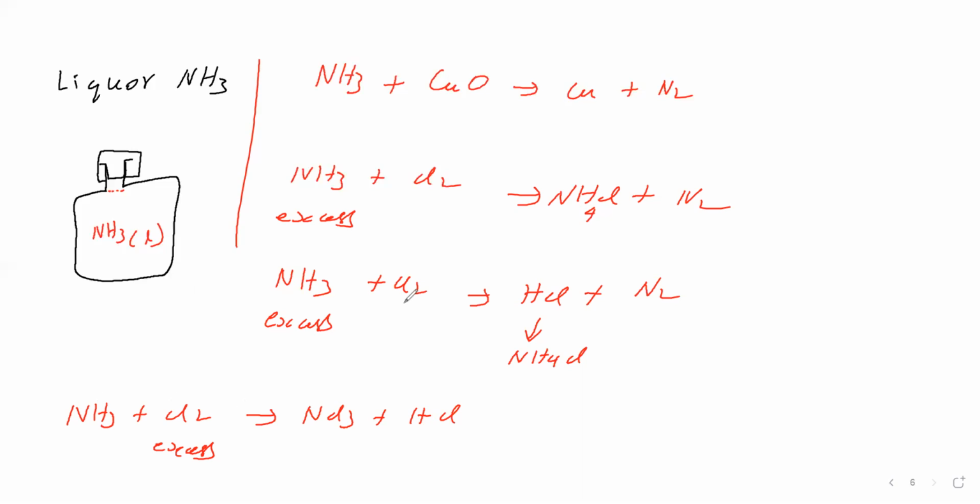Then in salt analysis, cationic analysis is there, group separation of cations. In the group separation of cations, we are using group reagents. From group 3 onwards, the group 3 reagent is ammonium hydroxide, that means an aqueous solution of ammonia.